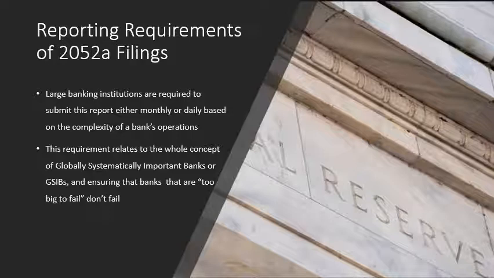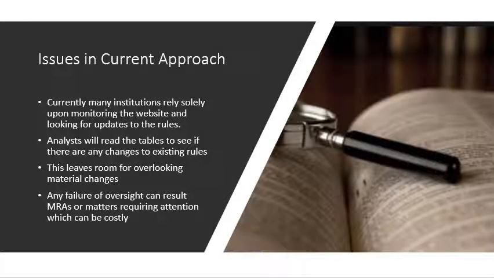So by looking at this information on a daily basis, they can get an understanding of how the large banking institutions are handling it and any potential actions they might need to take in order to preserve our financial system.